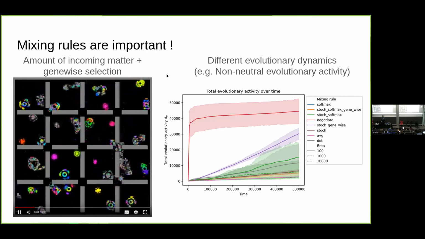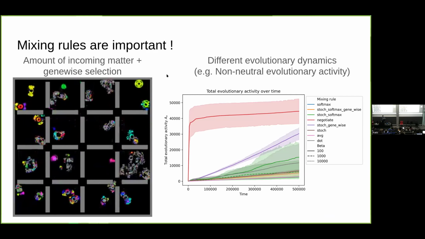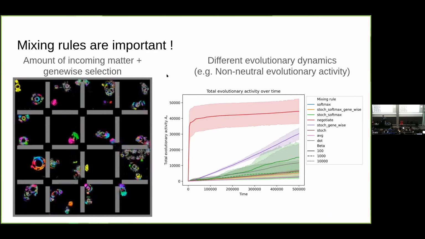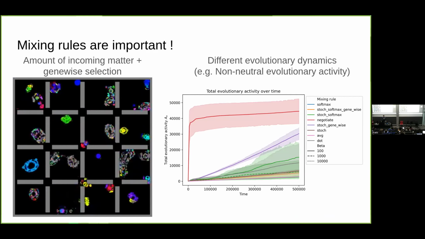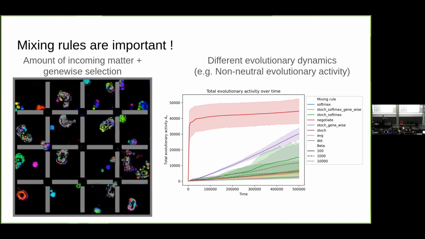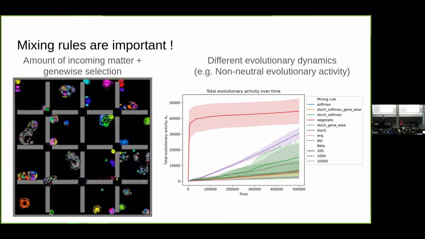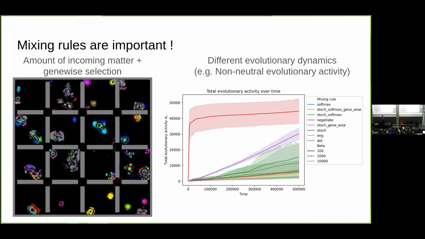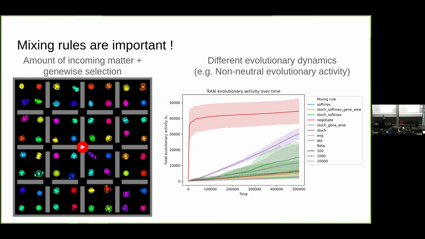Another one has the parameters linked to the amount of matter accompanying them, which actually led to quite interesting dynamics, but which we didn't adopt in the end. Each of these mixing rules will definitely end up having a different profile in the evolutionary dynamics that will be observed.